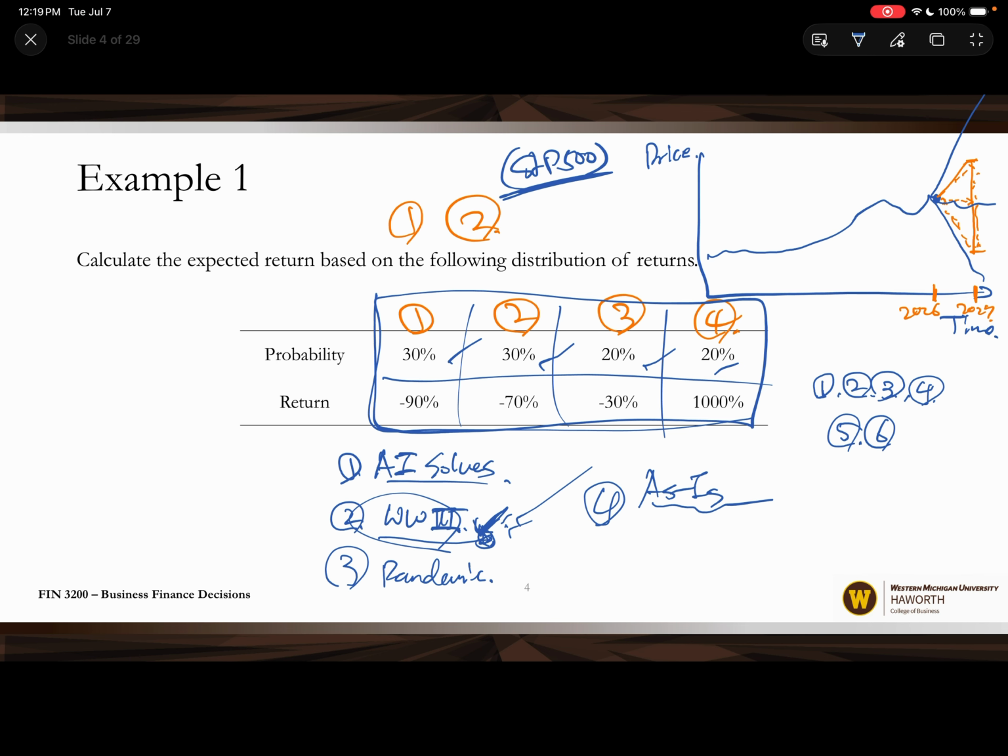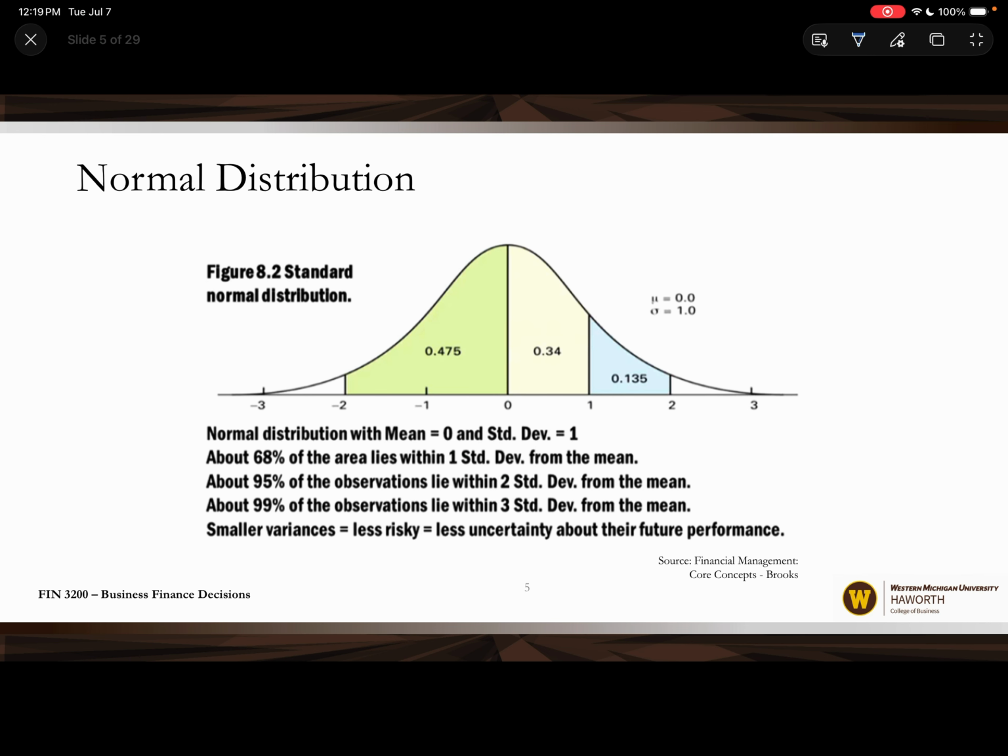That's where the normal distribution comes in. If you took a statistics course, you probably have seen normal distributions, but I'll do a quick review. So we have this normal distribution.